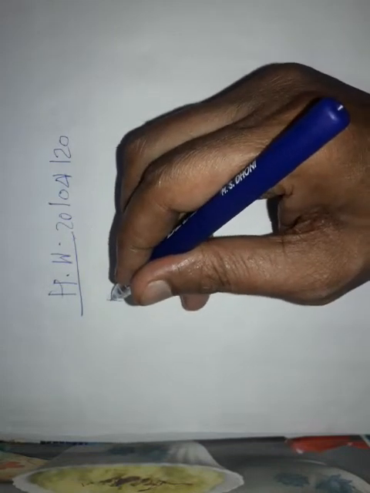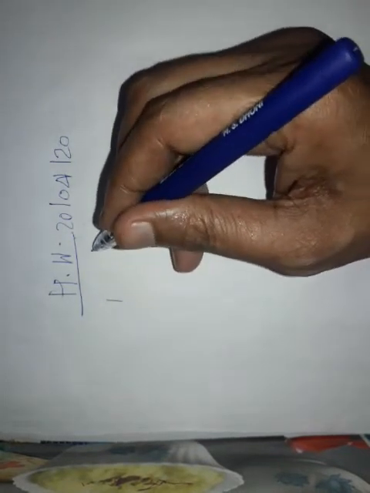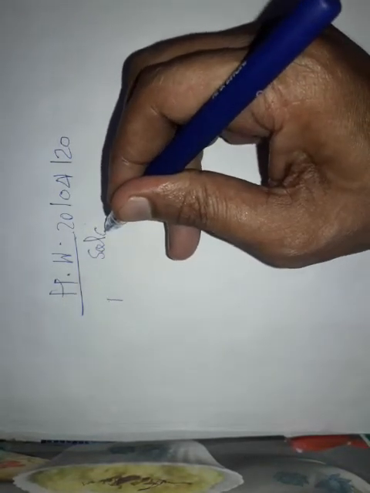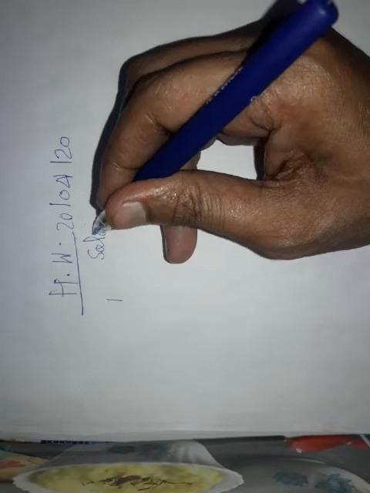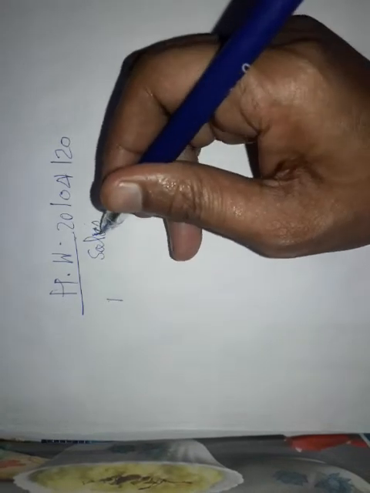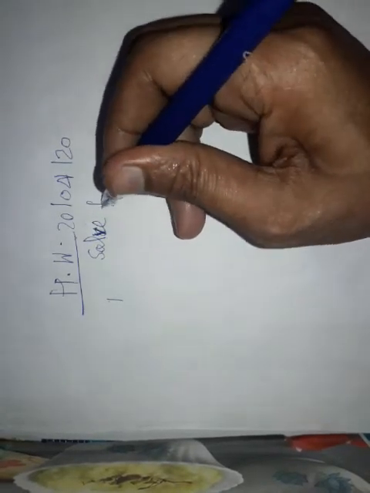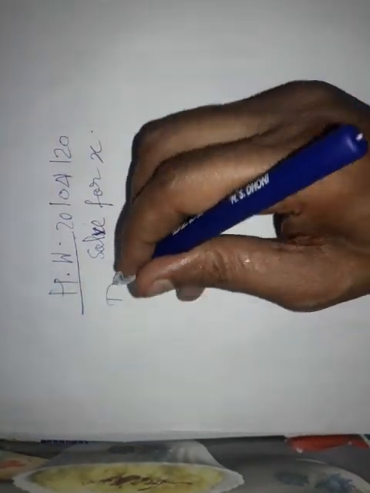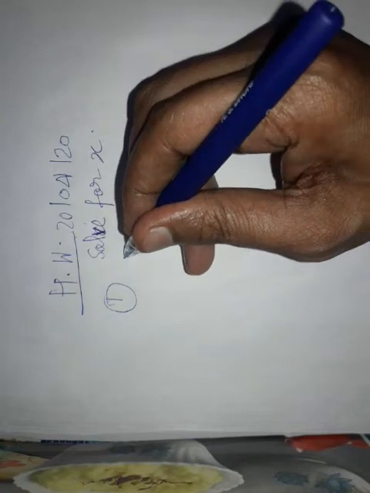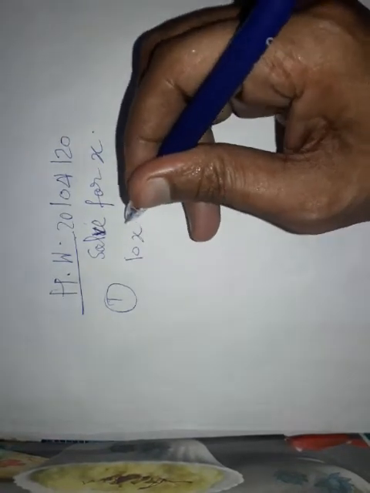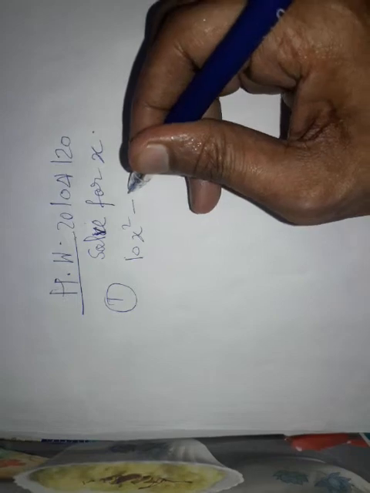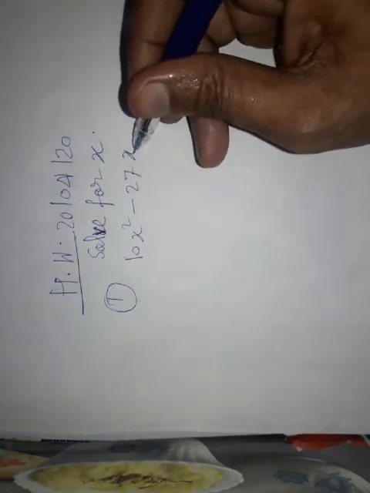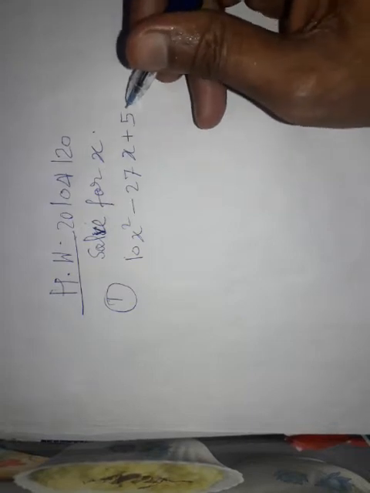First question, solve the following questions. Solve for x. Question number 1: 10x square minus 27x plus 5 equal to 0.